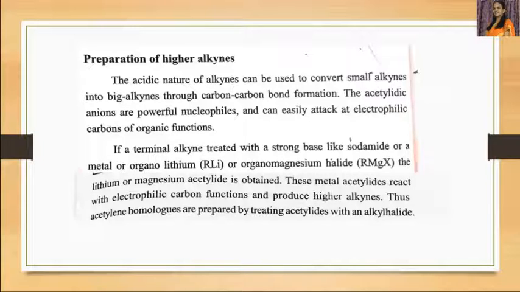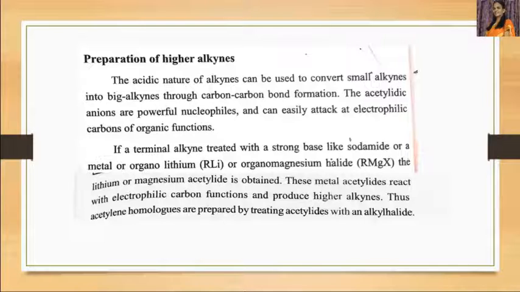Through carbon-carbon bond formation, a new carbon-carbon bond will be formed, and we will get an alkyne with a longer carbon chain. Acetylide anions are powerful nucleophiles and can easily attack electrophilic carbons of organic functional groups.